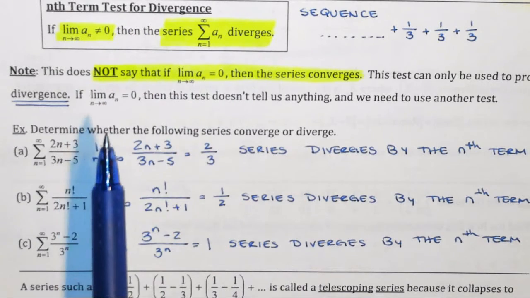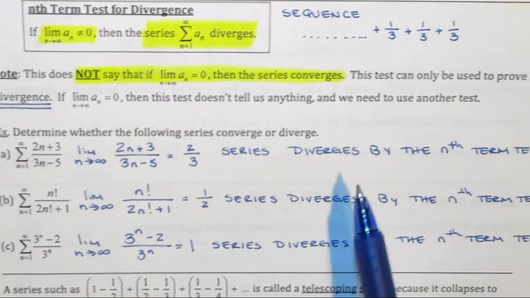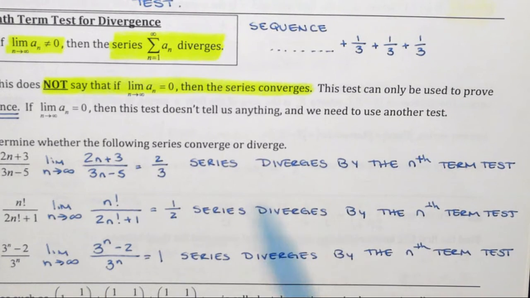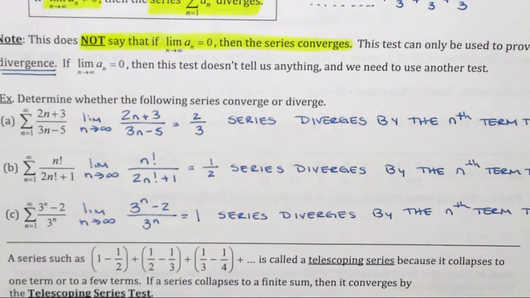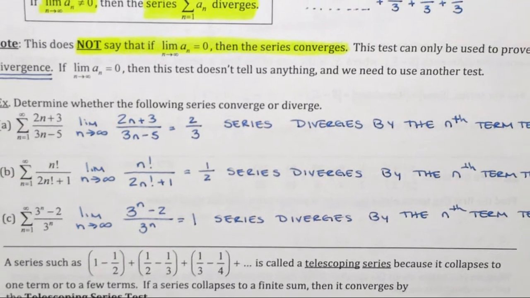It's a good test to look at every single time you start a series problem to say, hey, maybe I could use the nth term test to prove divergence and I wouldn't have to do any more work. But remember, the nth term test never proves convergence.